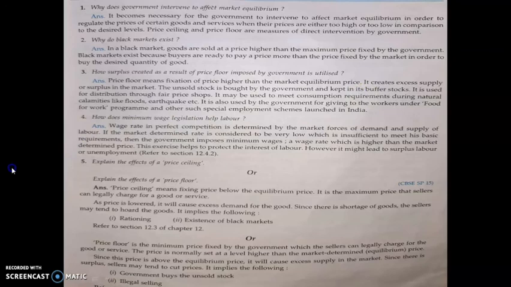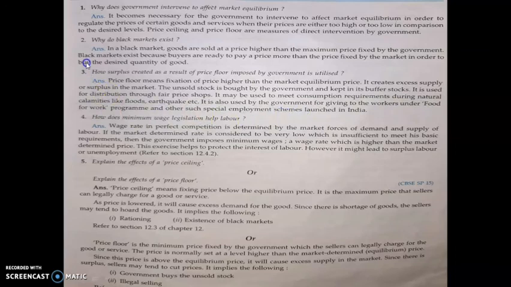The excess supply will be bought by the government and it is used for distribution through fair price shops like ration shops. It may be used to meet consumption requirement during natural calamity like flood, earthquake, etc. It is also used by the government for giving to the workers under Food for Work program and other such special employment schemes launched in India.